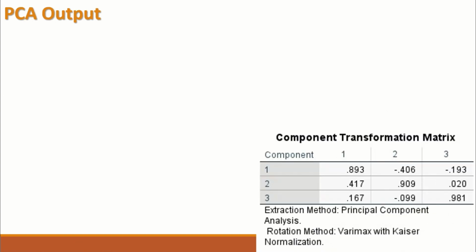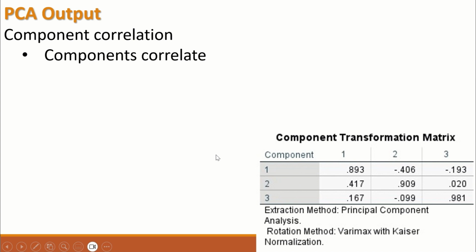Another output that can be generated post PCA is the component transformation matrix. The component transformation matrix will look at the correlation between component number 1 and 1, 1 with 2, and 1 with 3. So if the components correlate to each other, then this will help in determining the rotation method.